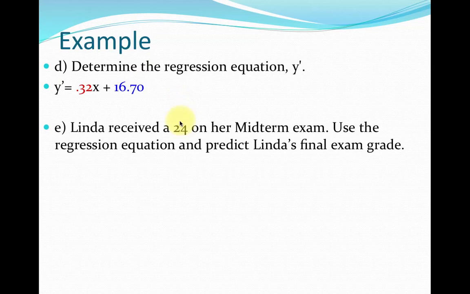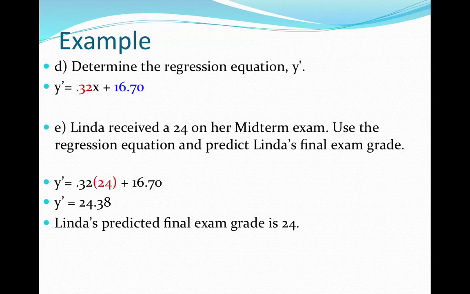So if the midterm grade, which is the x, is 24, we simply plug in 24 for x. So 0.32 times 24 plus 16.70, and that's about 24.38, or if we were to round to the nearest whole number, that would be a score of 24. So Linda's predicted final exam grade is 24.